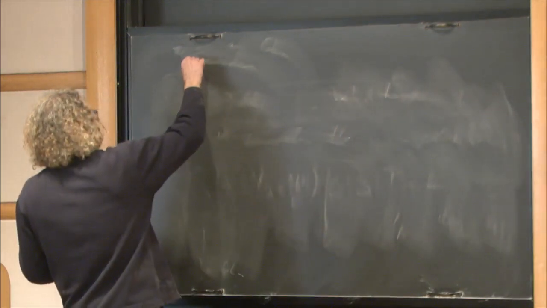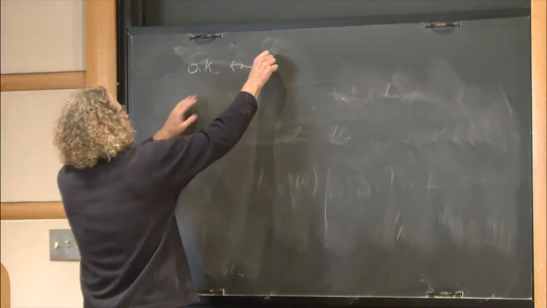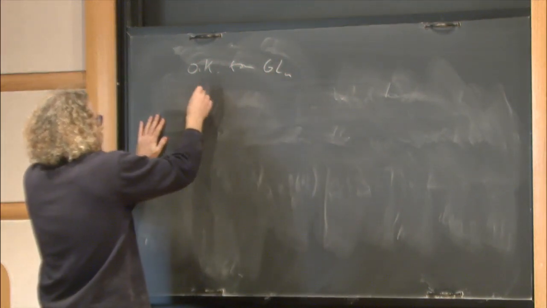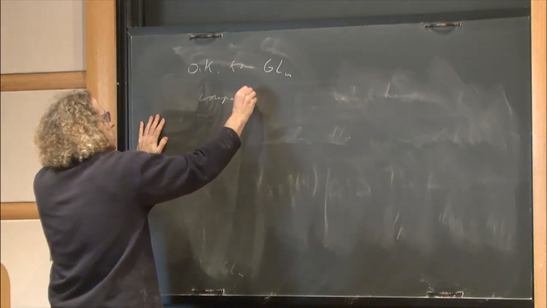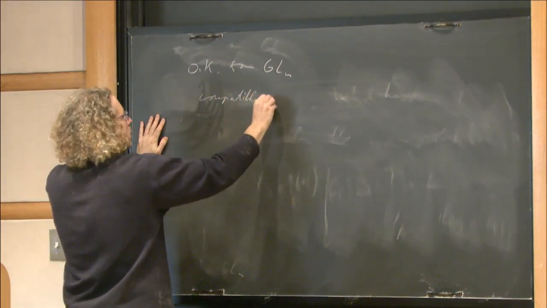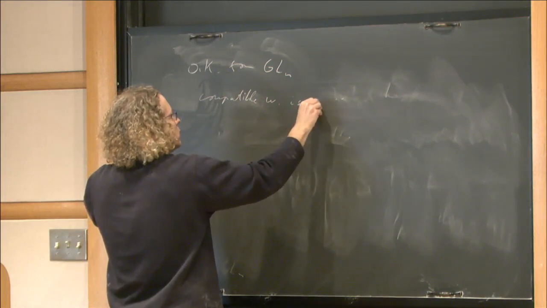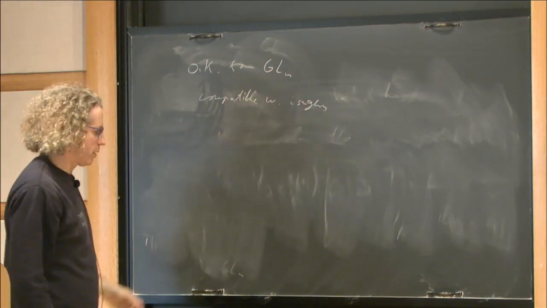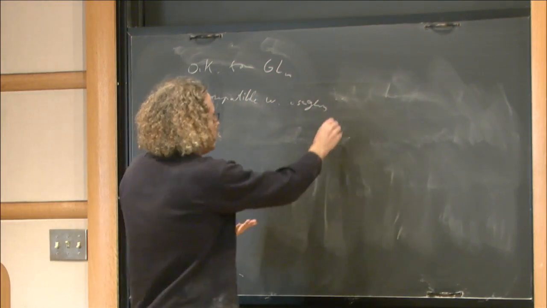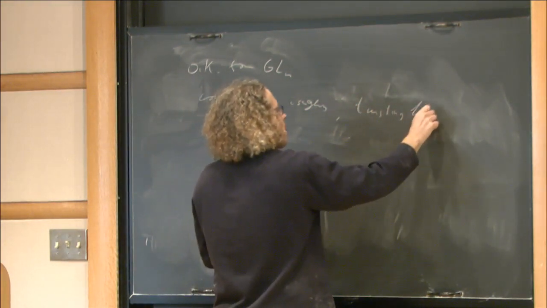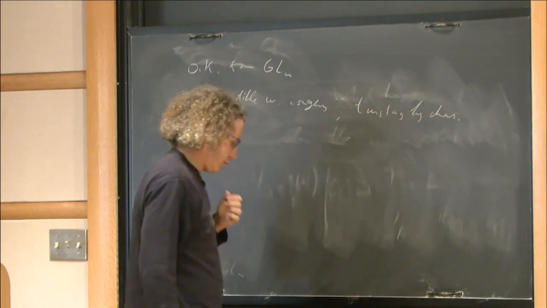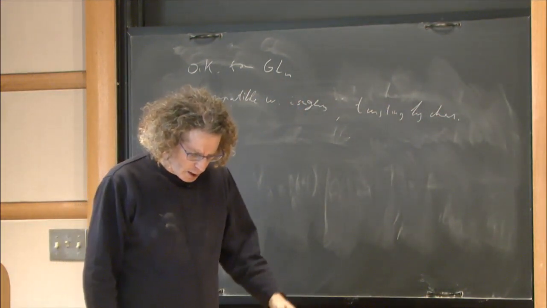So it's okay for GLN and somehow compatible with isogeny. So it's okay for SLN and stuff like that. And let's say twisting by characters, which of course doesn't change the Fourier coefficient or the adjoint L function.